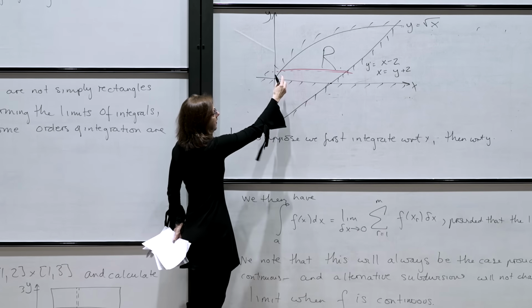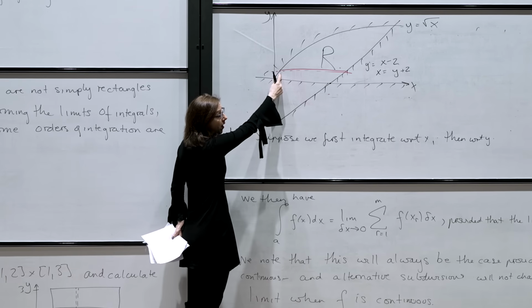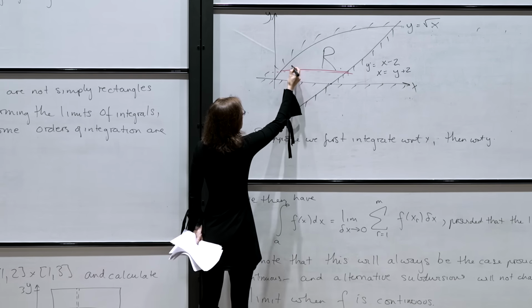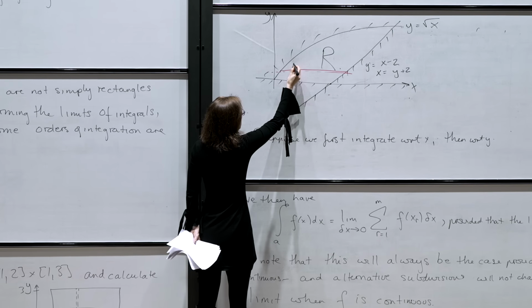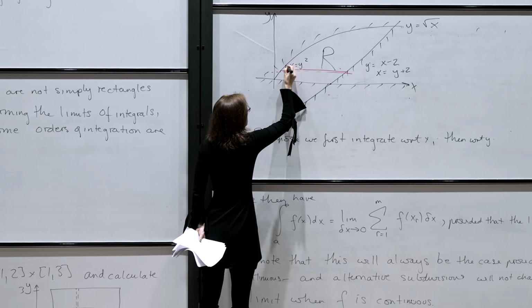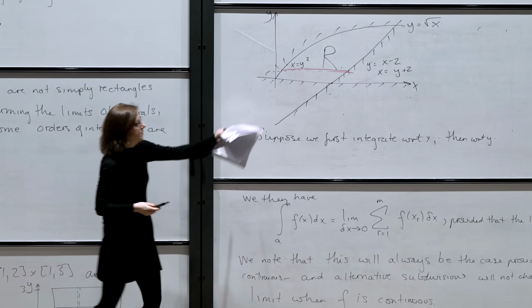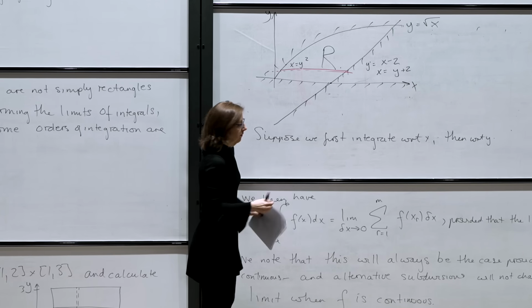Now I go to the other side. I currently have y as a function of x, so y is root x, but I can write this as x equals y squared. So the lower limit on my x integration is going to be y squared.